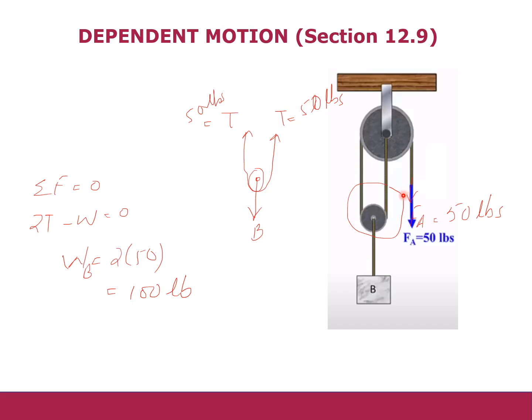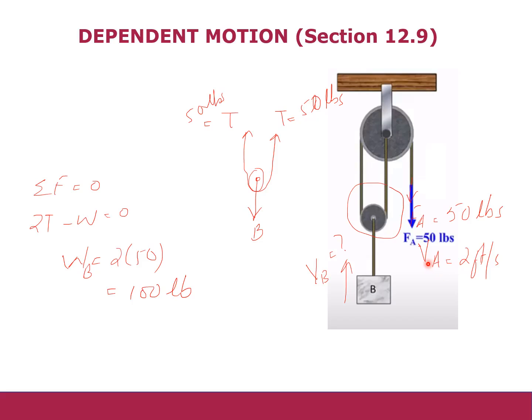So now I am interested in finding out that if I am applying this force over here and this point moves with a velocity of 2 feet per second, at what velocity will this weight lift, right?